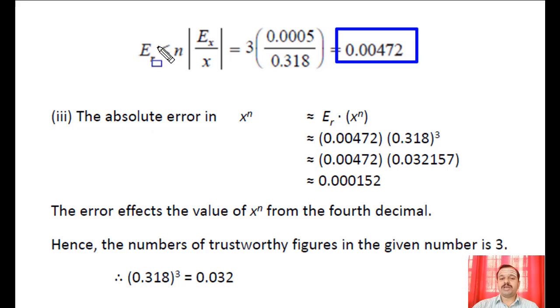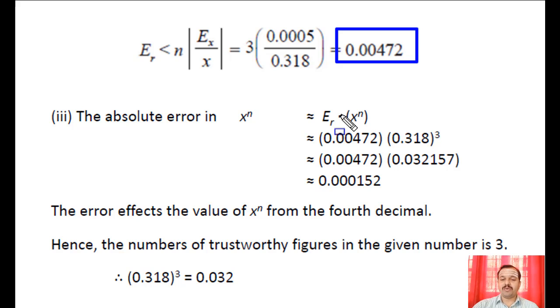And we know the definition of relative error. Relative error is nothing but absolute error divided by x. The relative error in any number is the absolute error in that number divided by that number itself. Now we are calculating the absolute error with the help of the relative error. Therefore absolute error is equal to relative error into the number itself, using the same definition with little adjustment.